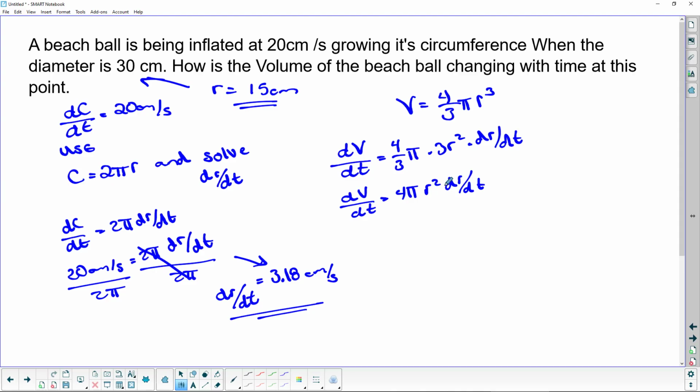Okay, so this dV/dt, which we're trying to find, would be 4 pi times 15 centimeters squared, okay, times the number that we got here, 3.18 centimeters a second.